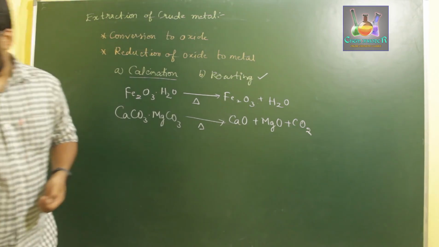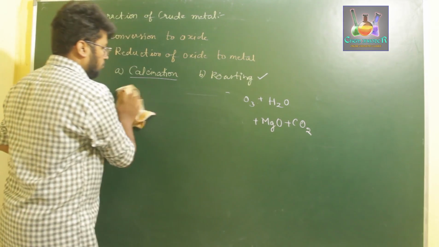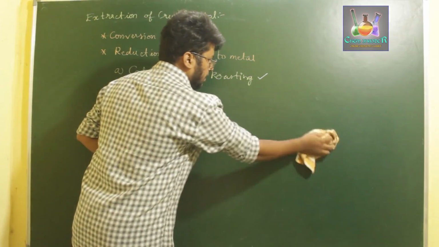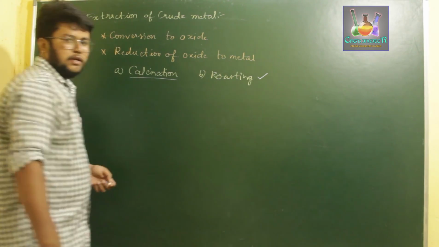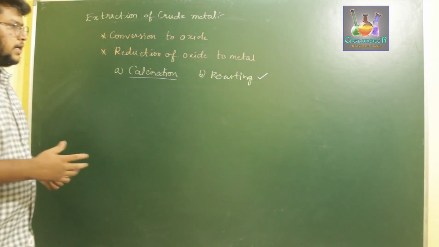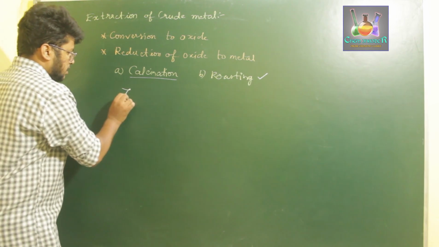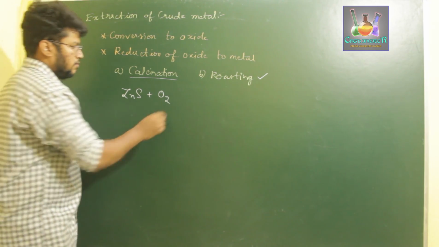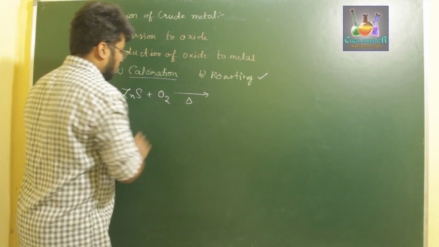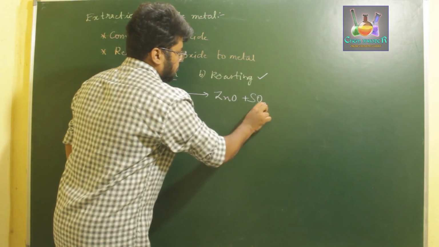In roasting, we heat the given concentrated metal ore in the presence of air such that we remove all its sulfur. For example, on heating zinc sulfide in the presence of oxygen at a certain temperature, we get zinc oxide along with SO2.